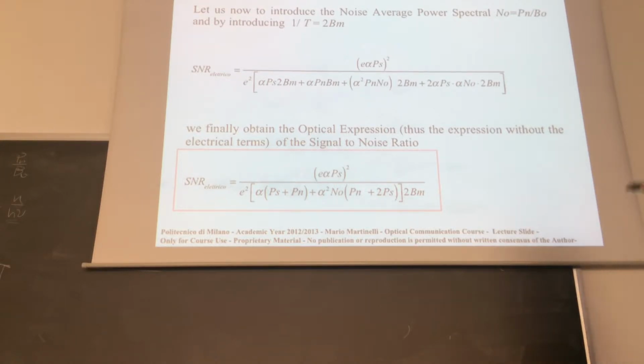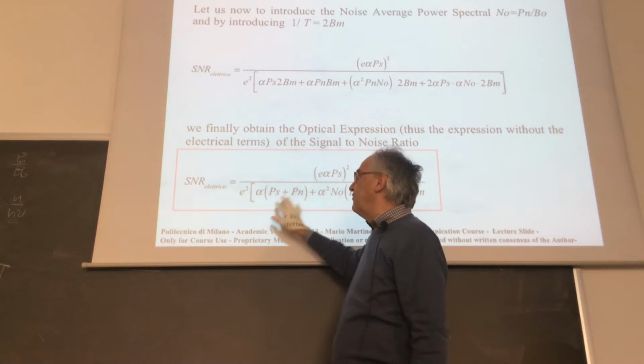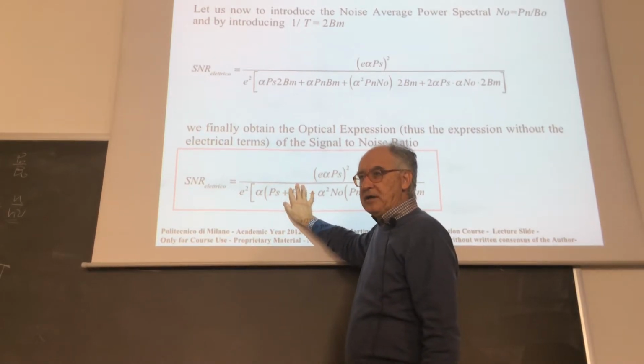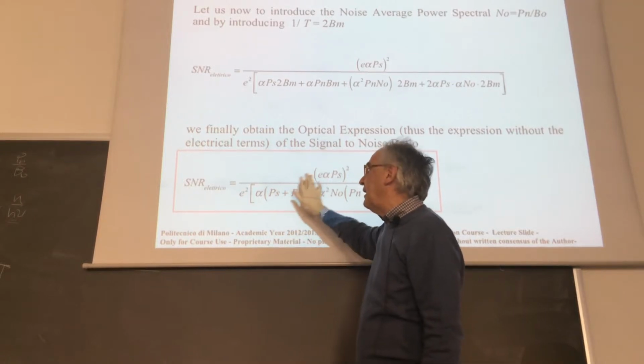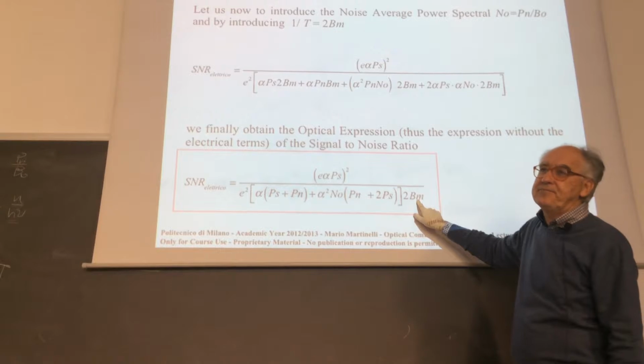So what we note, again, I call your attention that the signal to noise ratio in electrical of the optical noise component, because these are optical noise components, is inversely proportional to the electrical bandwidth.